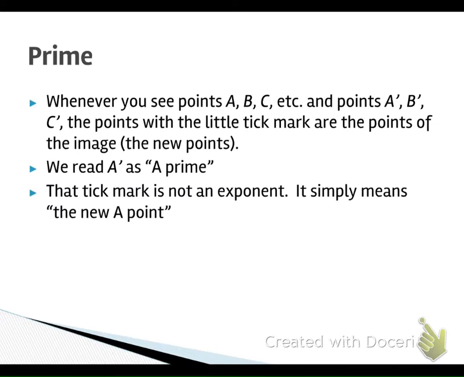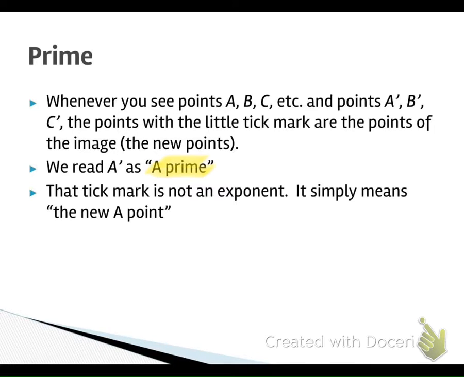So whenever you see the points A, B, C, etc., the points A prime, B prime, and C prime, the little tick marks, are our new image. We read A prime as A prime. So that is one of your blanks. So the first blank is going to be A prime is the image. So in the first blank, you're going to write the image. The second blank, you're going to write is read as A prime.